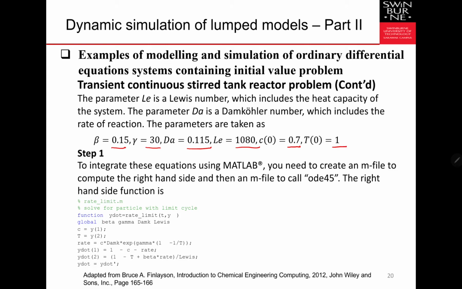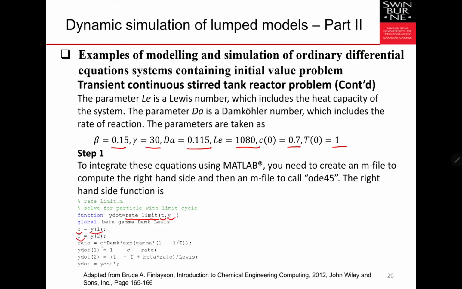What we need to do to solve this problem in MATLAB is to create an M file to compute the right hand side of the derivative. So in this particular example, we have an M file function called rate limit with the two inputs of t and y, and then C, or the dimensionless concentration, will be the first component of y.